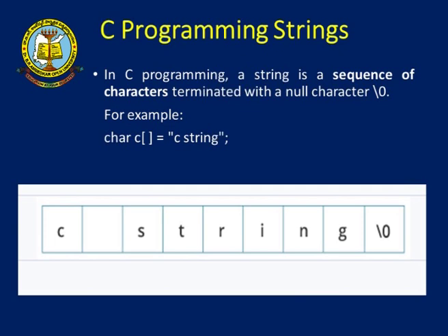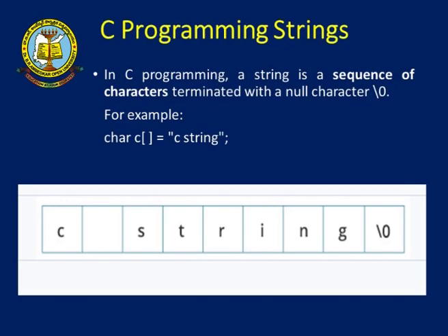Simply you can say an array of characters. See, this is one of the methods to create strings. Data type is character, string variable name is C, and square brackets represent arrays, a single dimensional array, and the string constant is in this example C string.